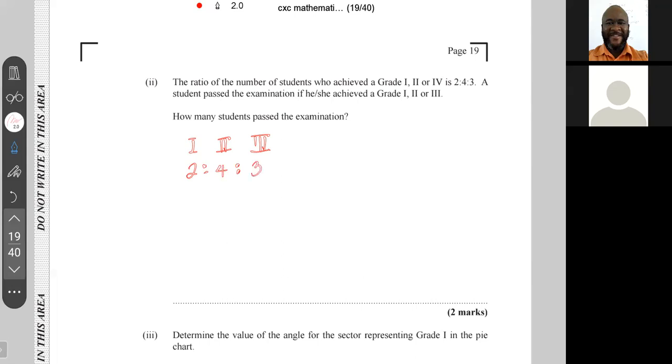A student passed the examination if he or she achieved a grade 1, 2, or 3. So how many students passed the exam?